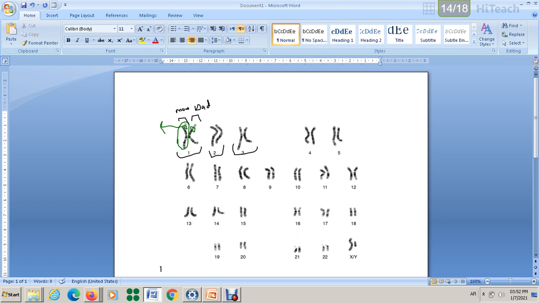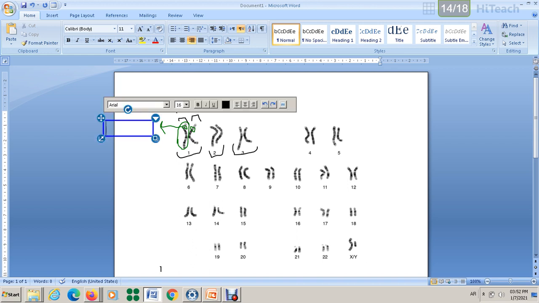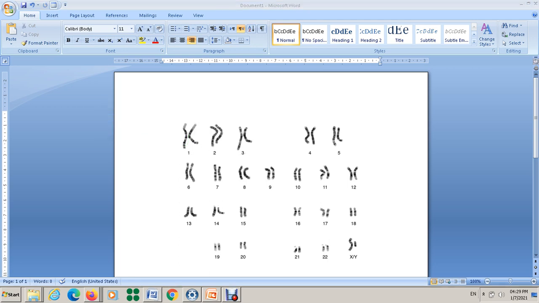The name of it is gene. Again, a segment of DNA is a gene, and each segment is responsible for one trait that you have. For example, this is for eyes, this is for the ears, this is for blood. So each one of them is responsible for a trait.